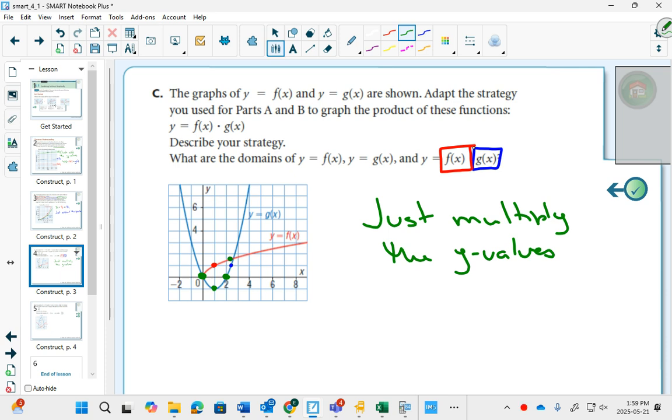Now, if you have other nice points on this graph, you could multiply them. But, I don't know. Like here my red graph is 2, and my blue graph looks like it's at 8. What's 2 times 8? It's not hard.